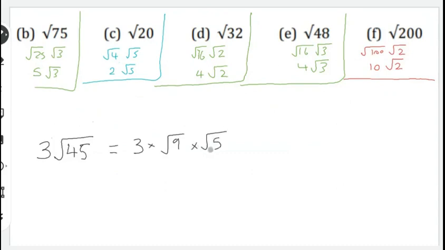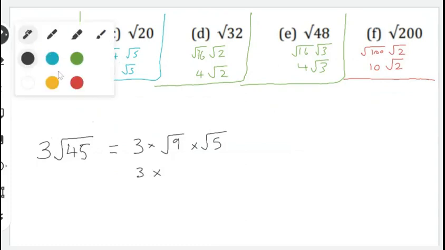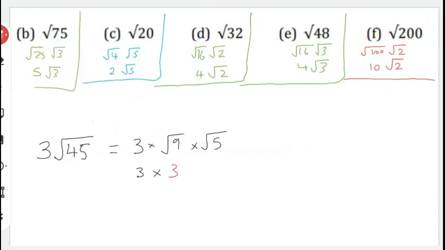We want the square root of 9 there because 9 is a square number. So that's 3 times, well, the square root of 9 is 3, and then that's times the square root of 5. So we end up getting 3 times 3 is 9. So that's 9 times the square root of 5.